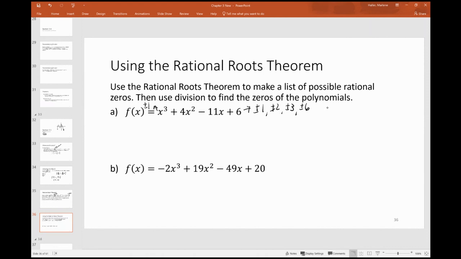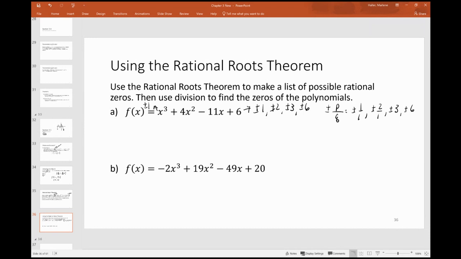These were all our p's. So it's going to be plus or minus 1 over 1, plus or minus 2 over 1, plus or minus 3 over 1, of course just 3, and then plus or minus 6 over 1, of course that's just 6. So these are all our possible roots.